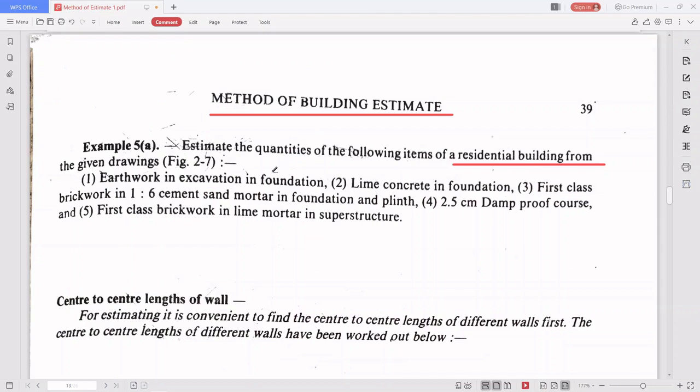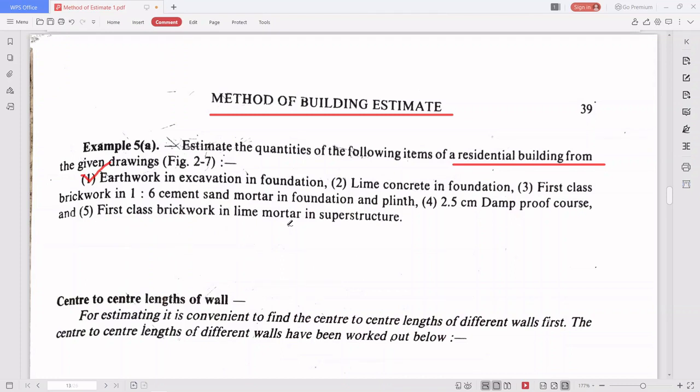The items are: earthwork in excavation in foundation, lime concrete in foundation, first class brickwork in 1:6 cement sand mortar in foundation and plinth, 2.5 centimeter damp proof course, and first class brickwork in lime mortar in superstructure.